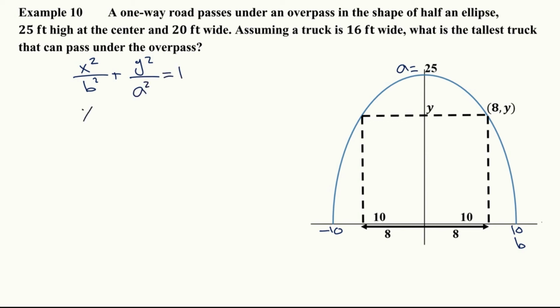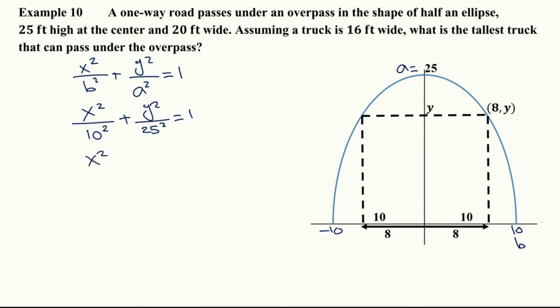So we get x squared over b, which is 10, so 10 squared, plus y squared over a squared, which is going to be 25 squared, equals 1. So we go ahead and simplify that.